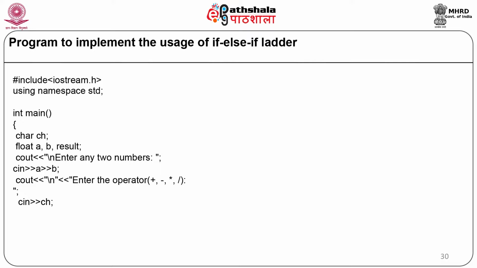Now, we are checking whether the operator that is entered is plus or minus or star or slash. So, here we are going to use the nested if-else-if ladder. We start with the first: if ch is equal to plus, then the result will be a plus b. We are going to add the 2 variables. Else if ch is equal to minus, then the result will be a minus b.